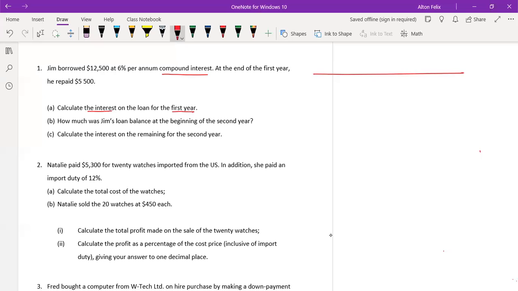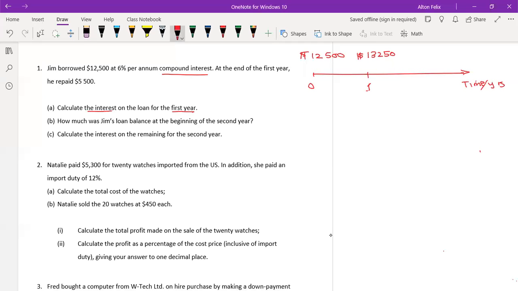He started off here at time 0, right? So this is a timeline, and the time, of course, is in years. So at the beginning, which represents time 0, he borrowed 12,500. After 1 year, the amount went up to 13,250.